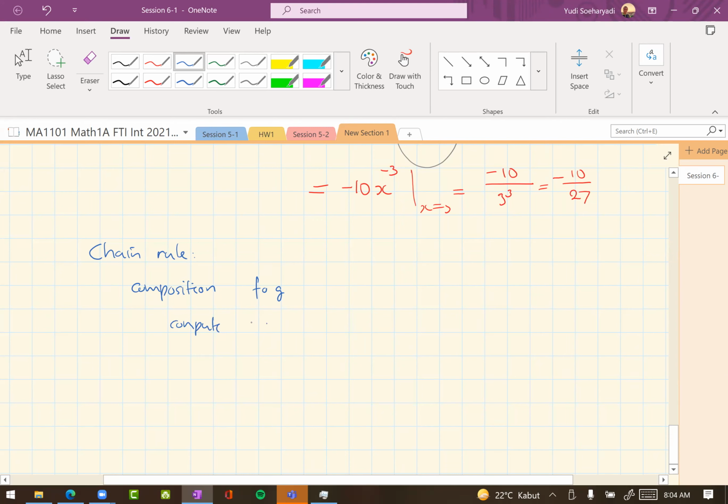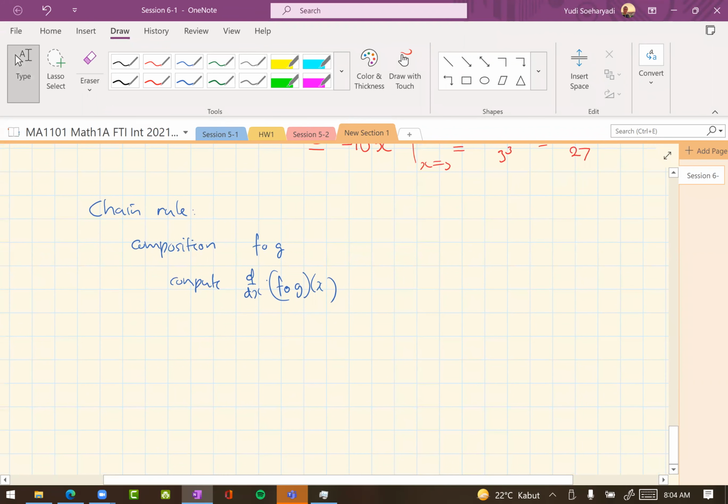We want to find the derivative of this. So we'll probably give that little o thing.